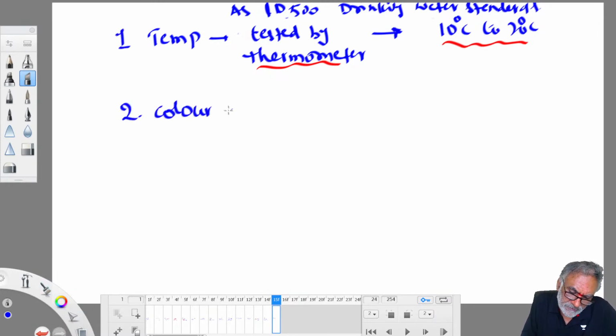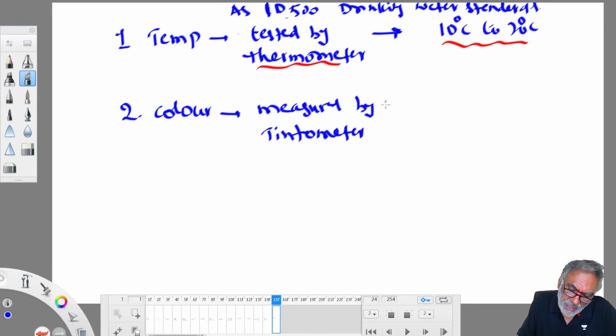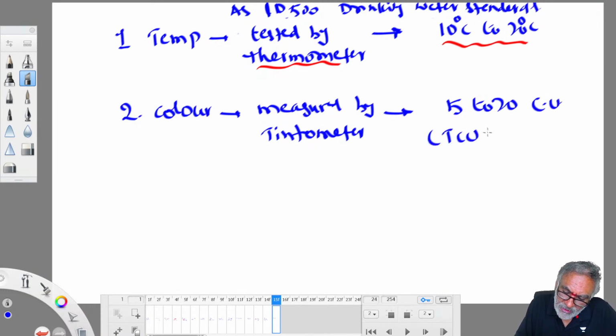Color. Measured by what? Tintometer. Measured by tintometer and expressed in terms of color units, and the standard is 5 to 20 color units or true color units, TCU.